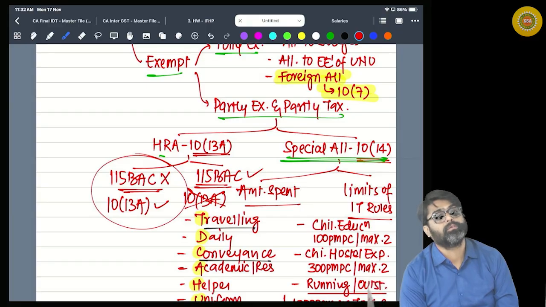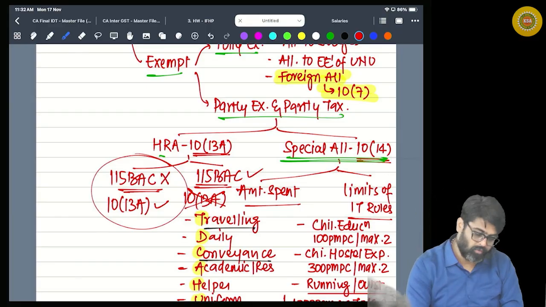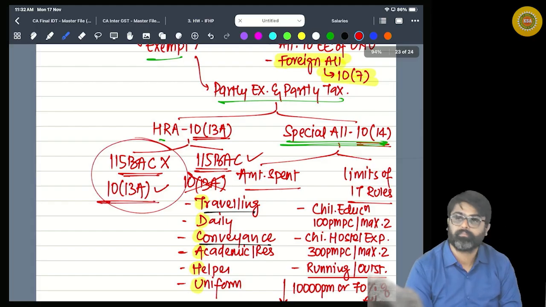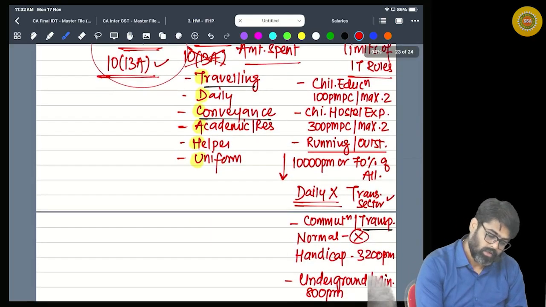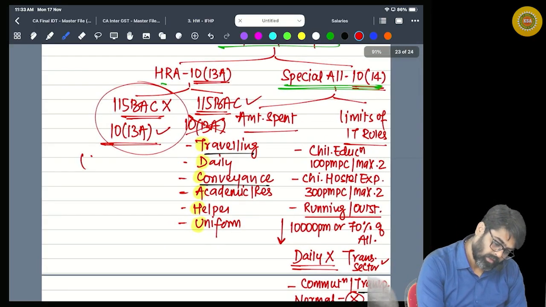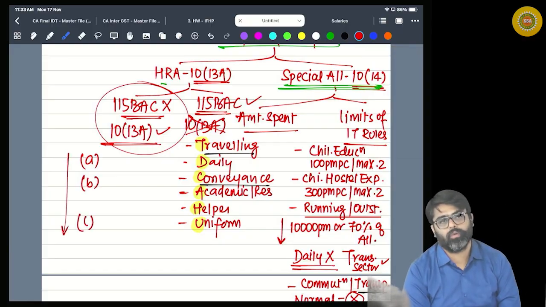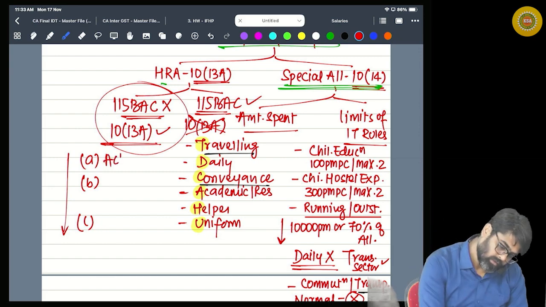Meaning, are we following 115BAC or not following? Not following. Then are we going to get exemption? Yes or no? How much exemption? A, B and C, whichever is lower. A is the actual amount of HRA.